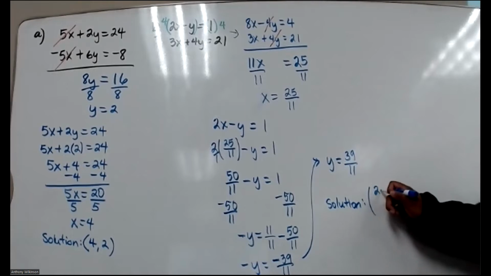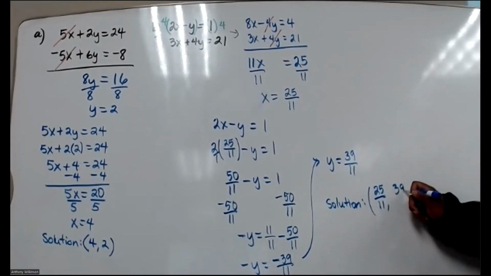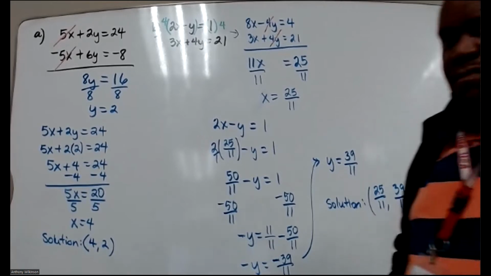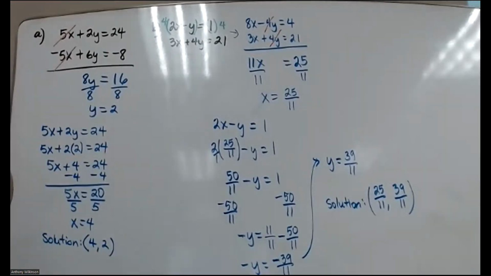So your solution is the ordered pair of fractions here, 25 elevenths, 39 elevenths. Okay. Now, the other way I was thinking about was doing that again, but this time eliminating the x's instead of the y's. And then I can come up with my y value.